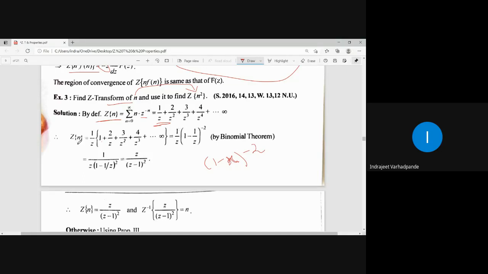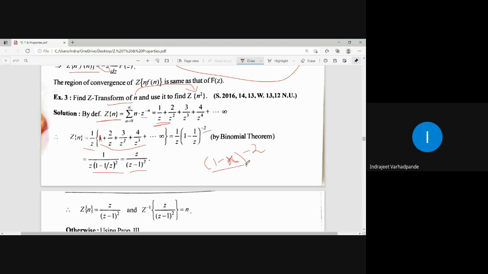So 1 by z can be taken common. This is the expansion of 1 minus 1 by z to the power minus 2, and simplification will give you the answer as 1 upon z into 1 minus 1 by z whole square, which is z upon z minus 1 whole square. See, the first term in the geometric series should always be 1. It is convenient for us to calculate when it is 1.